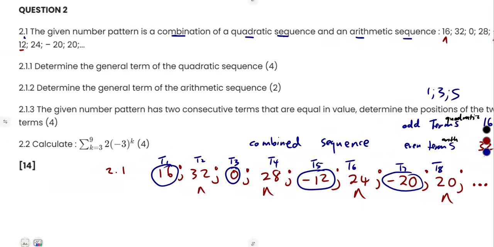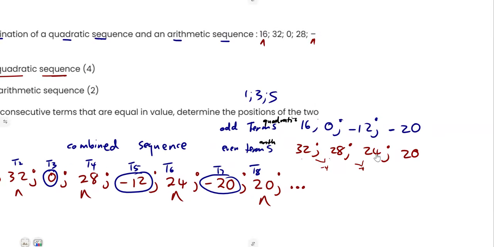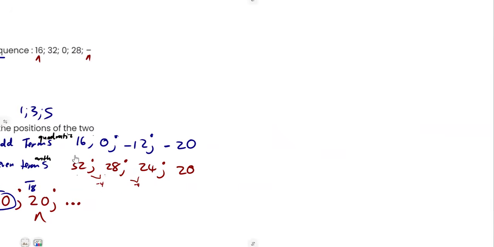But now consider your question. Question 2.1.1: determine the general term of the quadratic sequence. The quadratic sequence is the one that we form from the odd terms, as I said here.